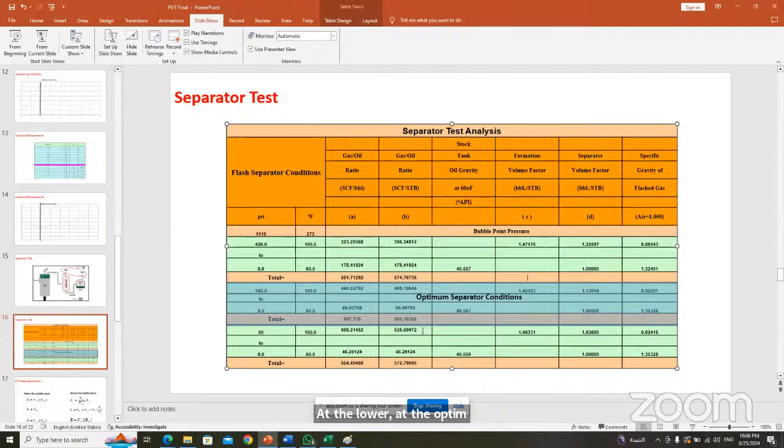So of course the GOR will change, but we didn't consider this in our previous test. So that's why we do something that's called adjustment. We have the beta O adjustment and we have the Rs adjustment. So we do the adjustment for the separator condition.